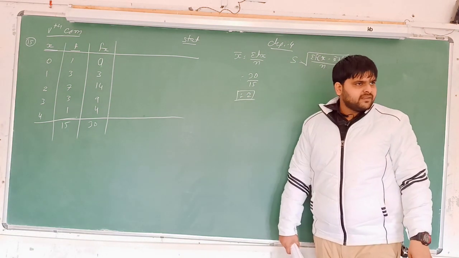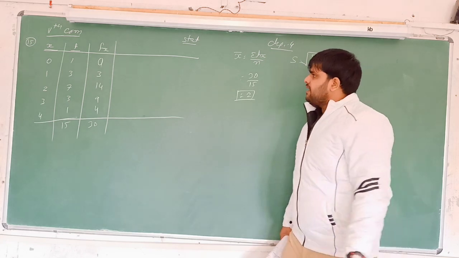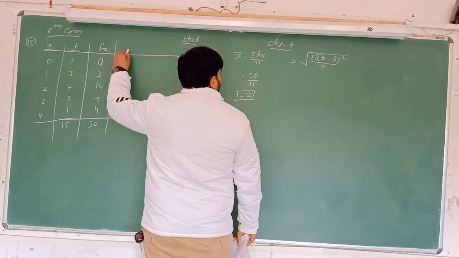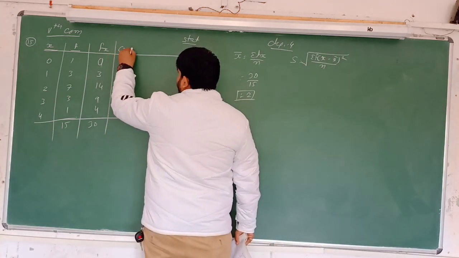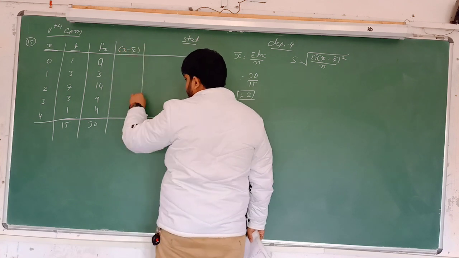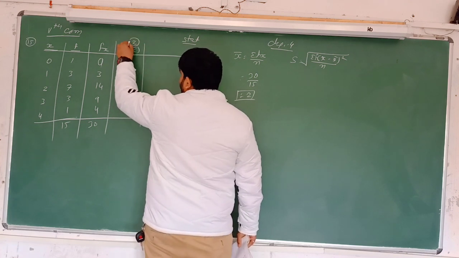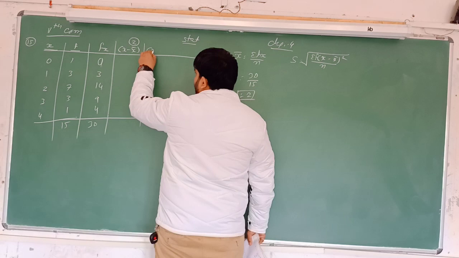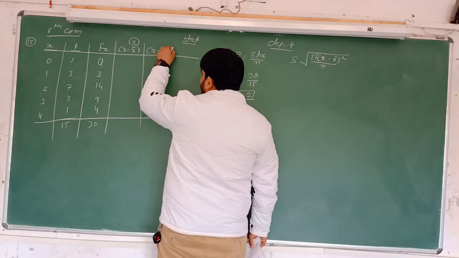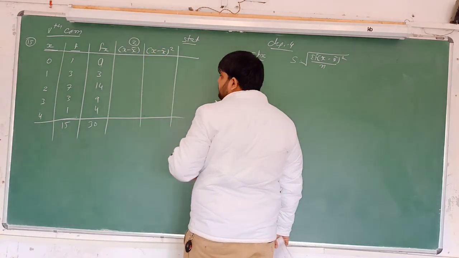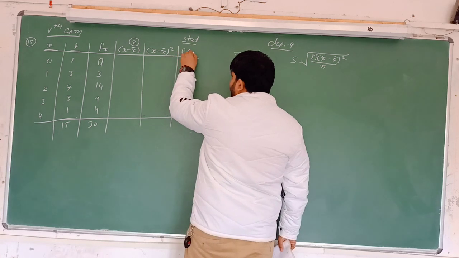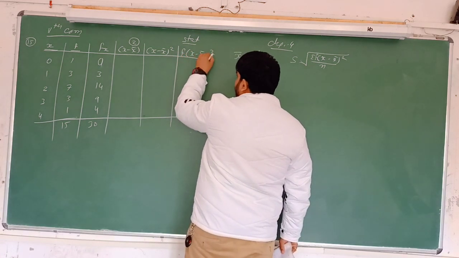Got it? Fine. Now what next do we have to do? First of all, X minus X bar, where X bar is equal to 2. Then X minus X bar square, and then F into X minus X bar square.